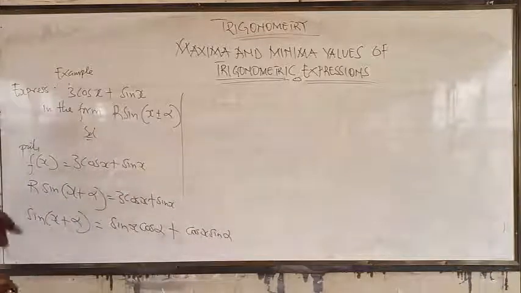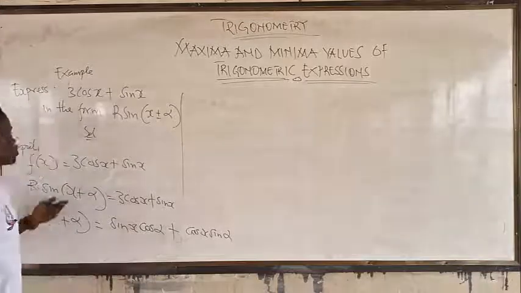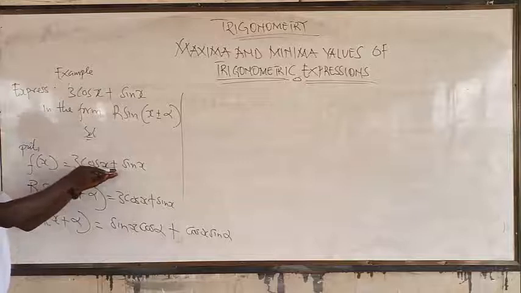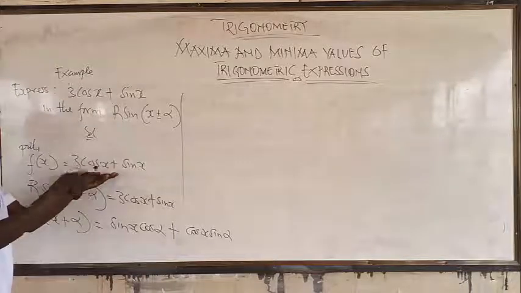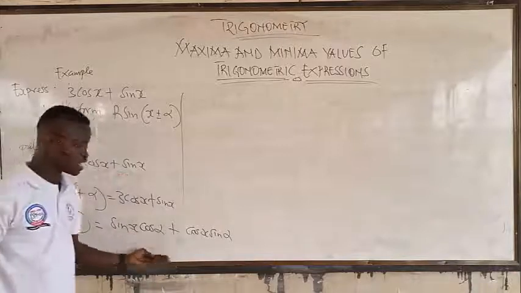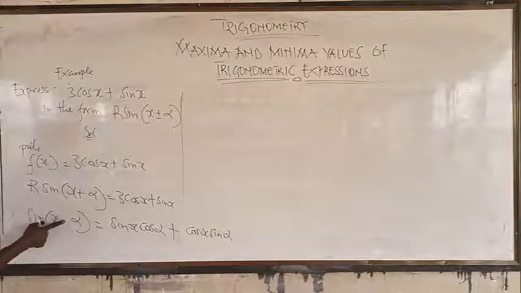So for that reason, you are going to get this in terms of plus. In the same way, this one too is in terms of plus. So comparing this to this is going to ease your work than making here minus.